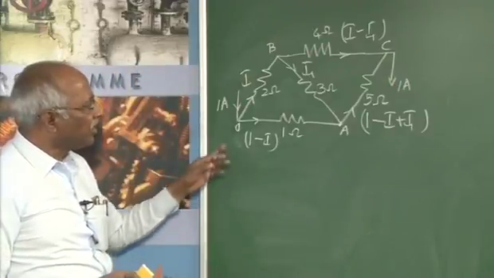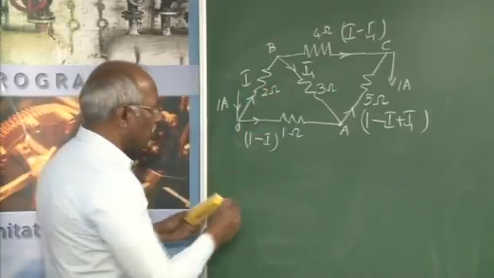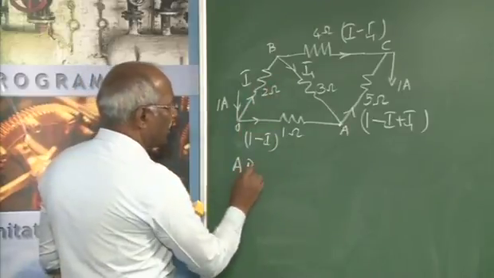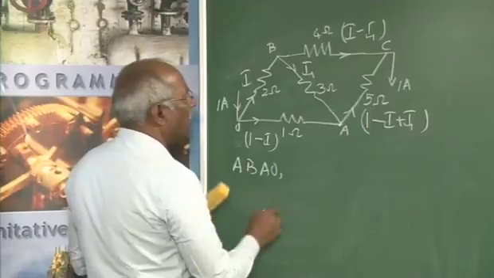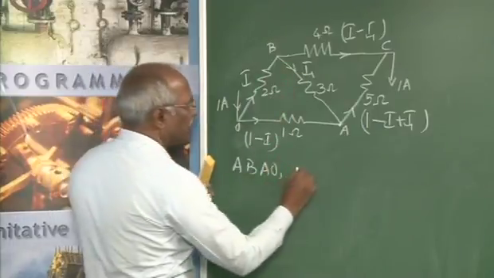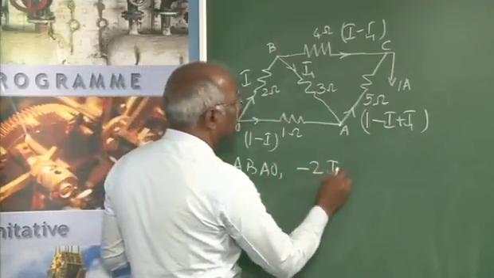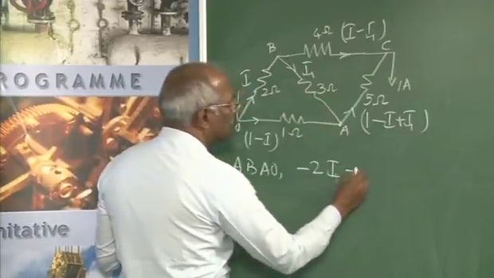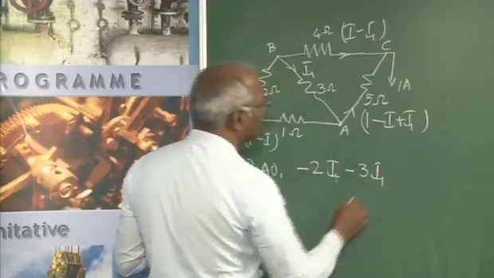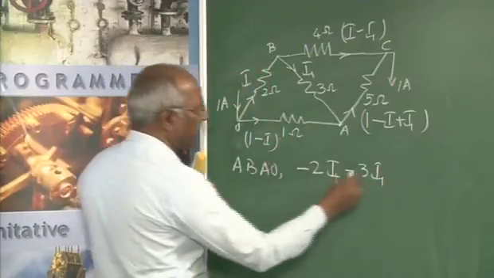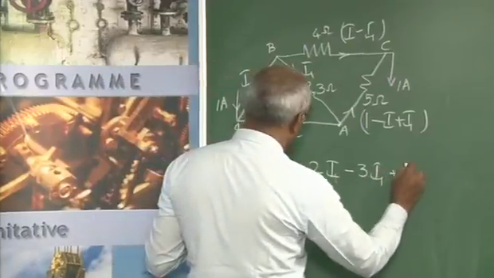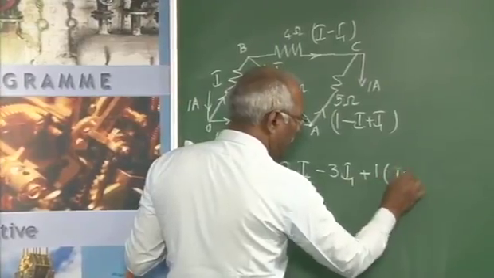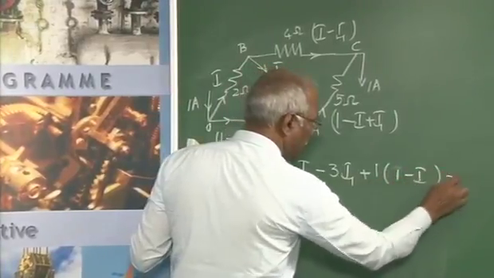Once we know this, now apply Kirchhoff's law for this loop A, B, A, O. As we move this way, it is minus 2I1, 2I. Here it is minus 3I1. Then as we come this way, it is plus 1 into (1 minus I) equal to 0.